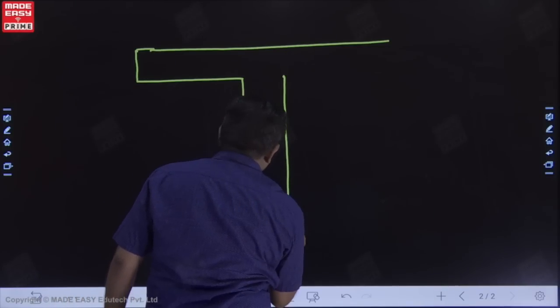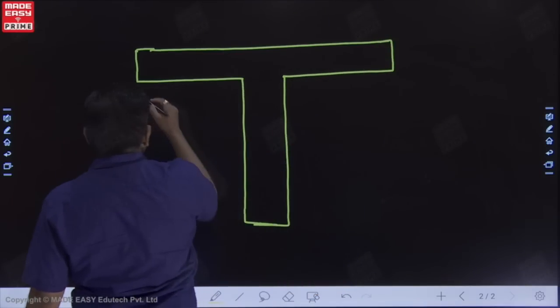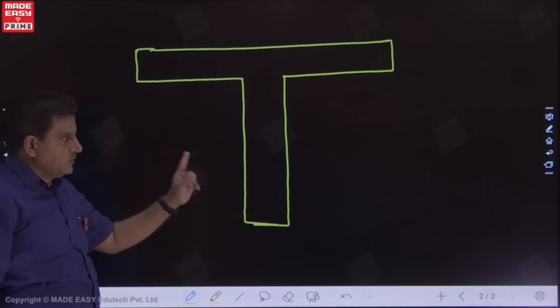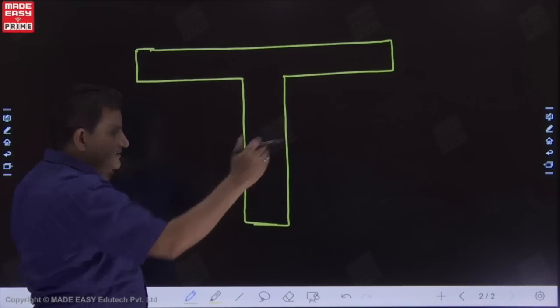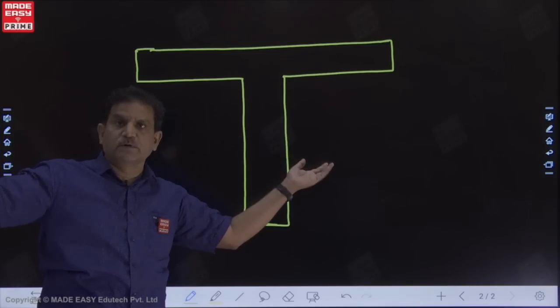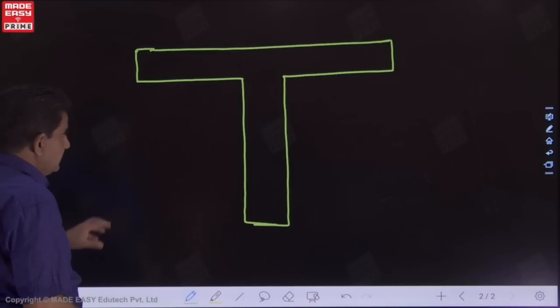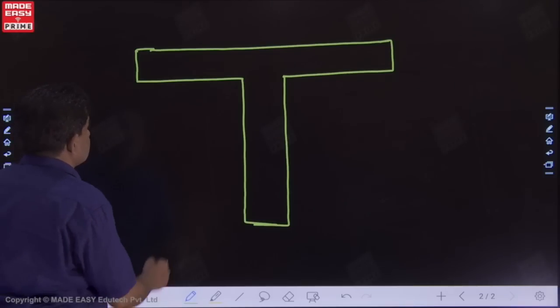This is an isolated T-beam, only one single beam, in the longitudinal direction supported on two supports, and it is continued over that support. That's why it is called continuous. What will be the difference between continuous and simply supported, I will tell you in the next figure.